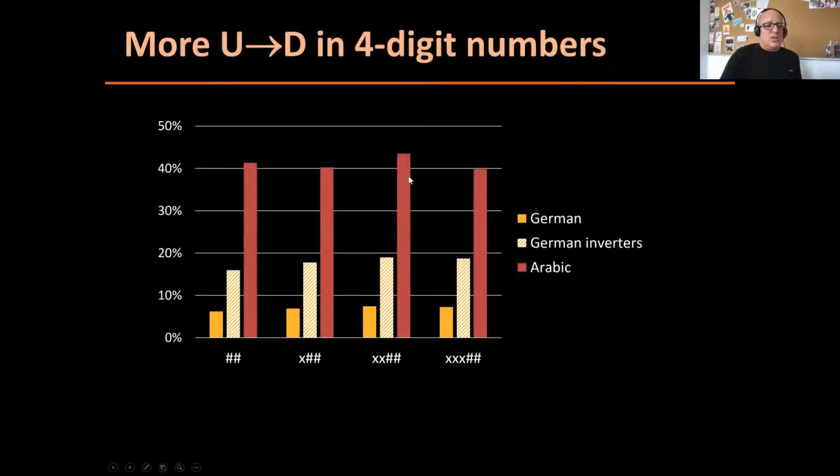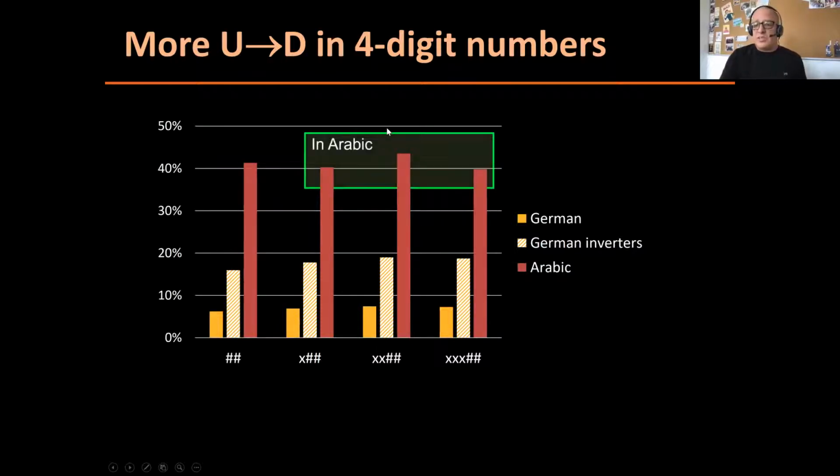And what we see here is that in Arabic, in the red bars, you see more unit-first writing in these 4-digit numbers, definitely more than the 3-digit numbers, also more than the 5-digit numbers. So it doesn't look like the trivial effect of longer numbers being harder, but really an effect of syntactic complexity.